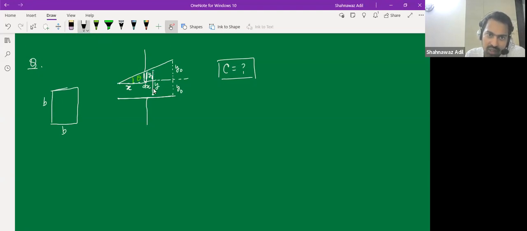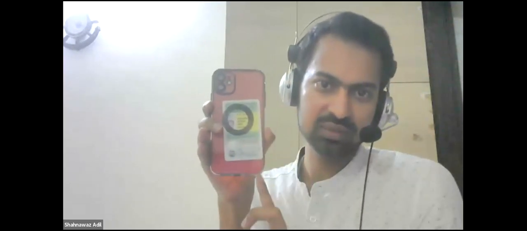If this is the distance dx, what would be the area of this plate if I take a small element dx? In this plate, this length and this length are A and A. So from here you can understand.